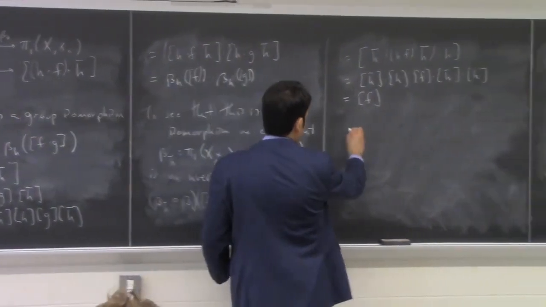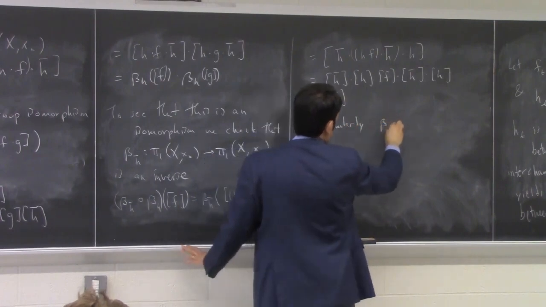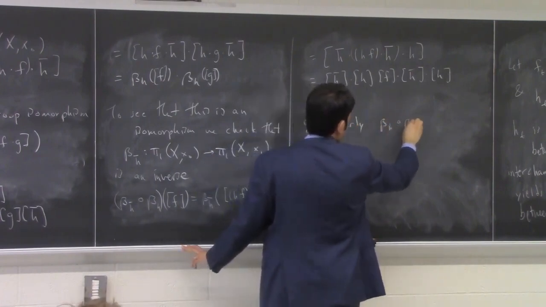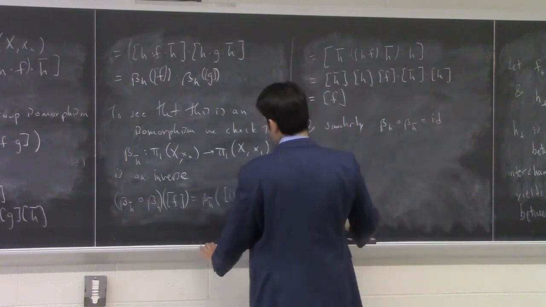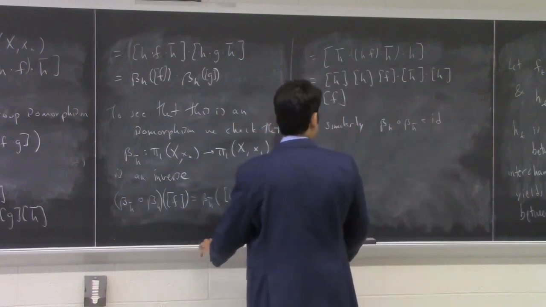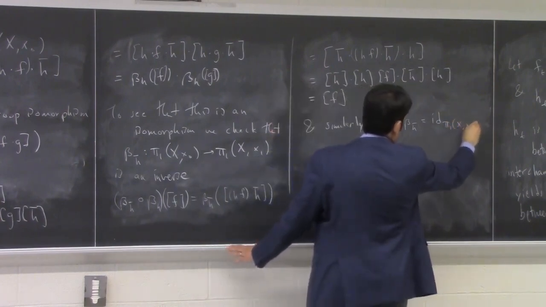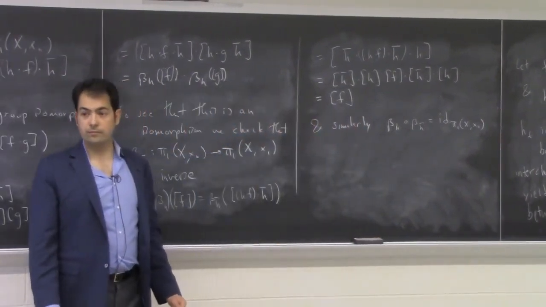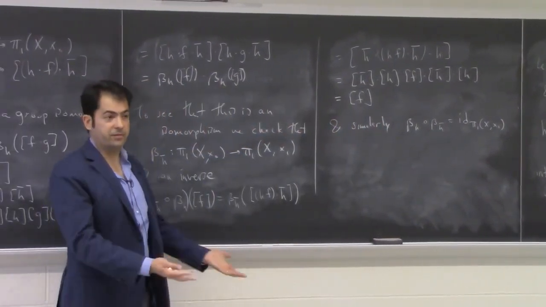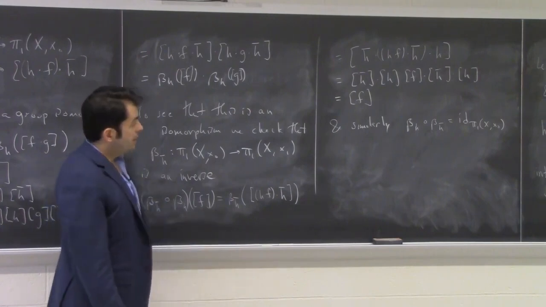And similarly, beta h composed with beta h bar is the identity of pi 1 x x0. Okay, so we have a left and right inverse. So it's an isomorphism. Okay.